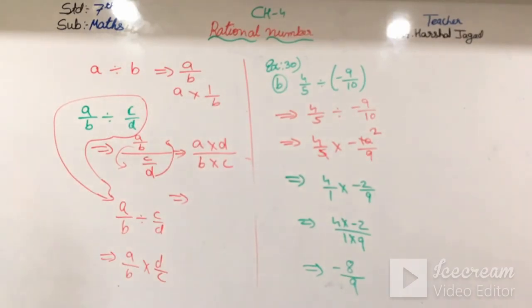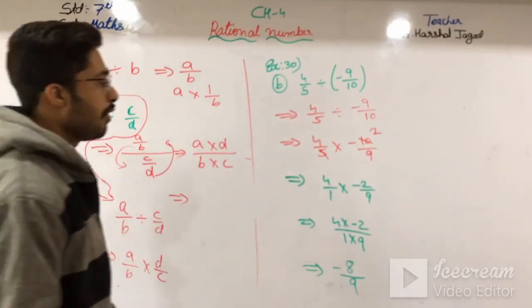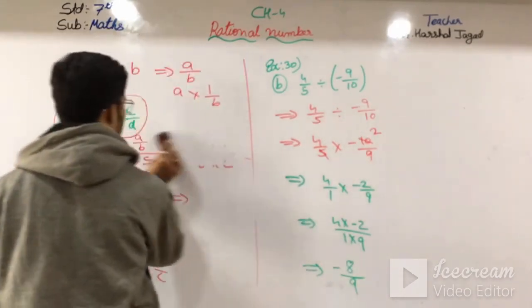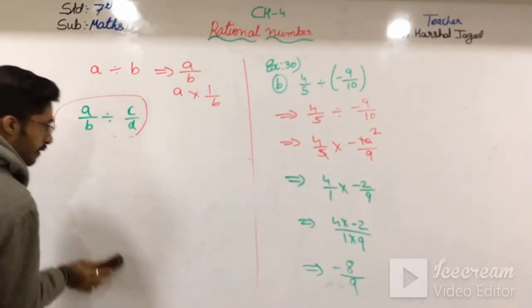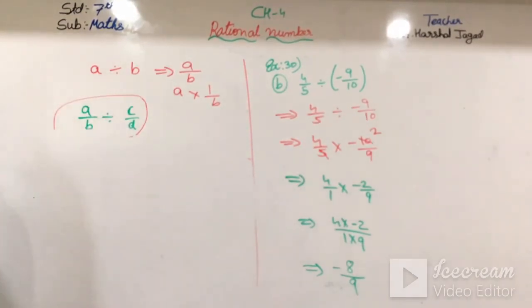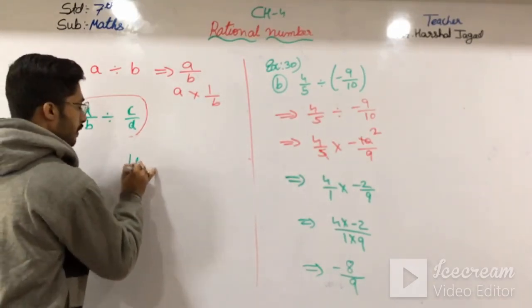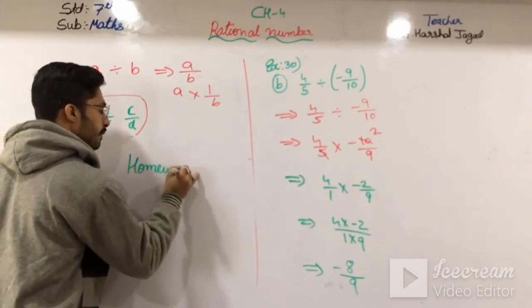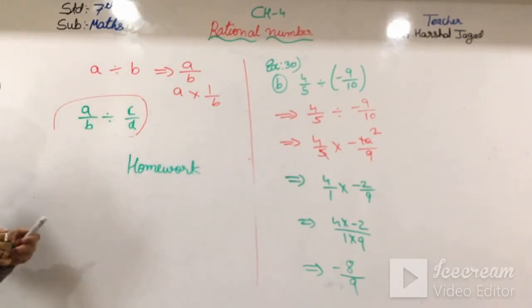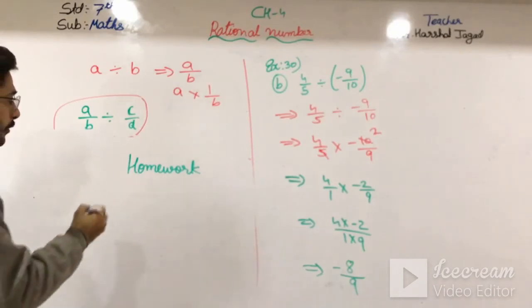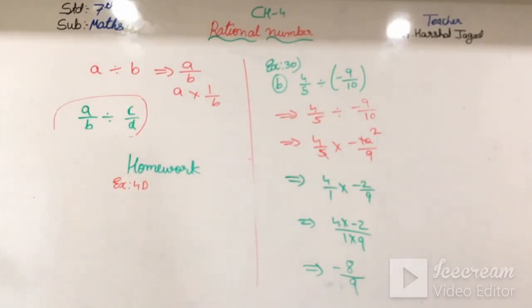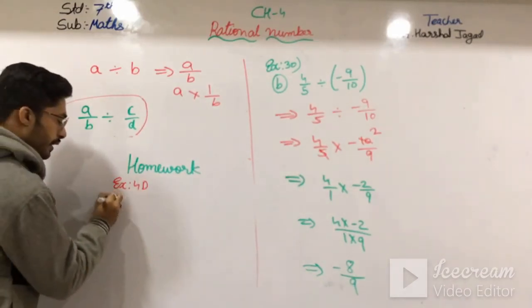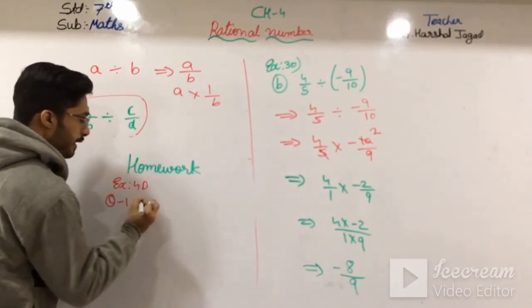Okay, we don't have enough time, so I am giving you homework, students. In your homework you have to do exercise 4D, the remaining sums of question number 1, 2 and 3.